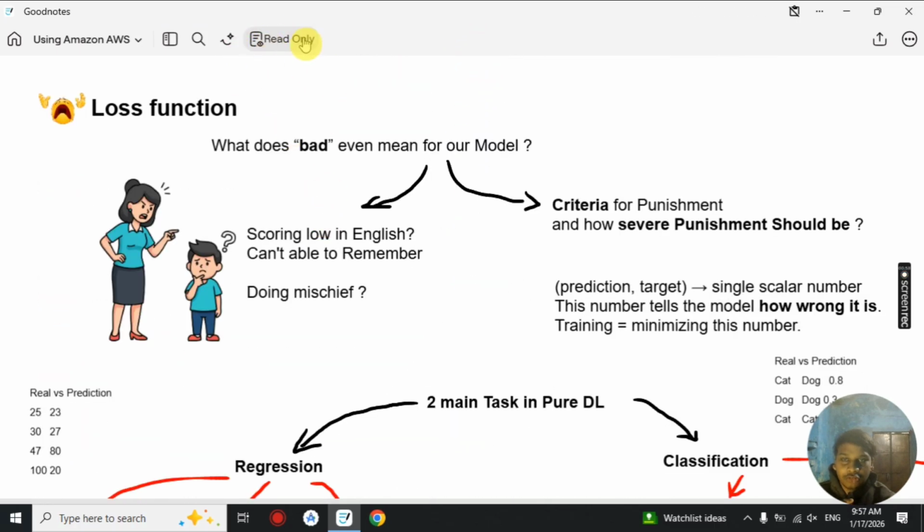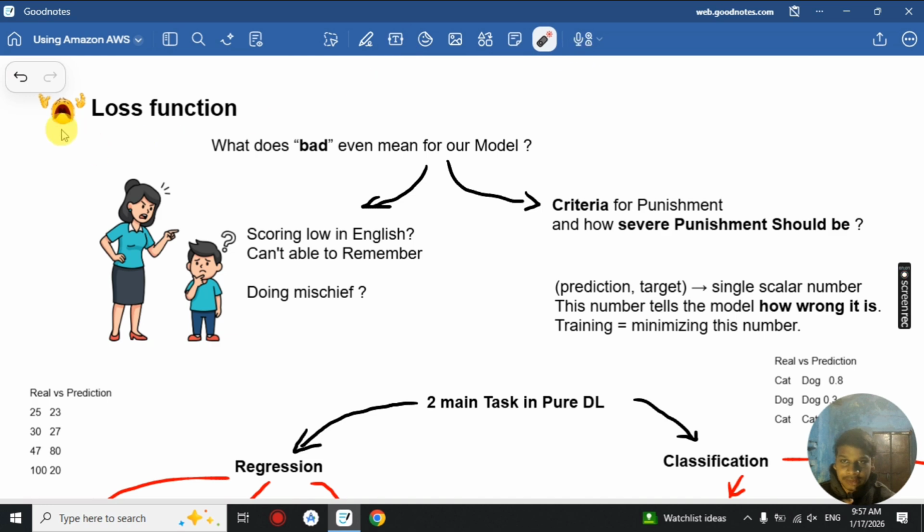Now comes our loss function part. As I already told, the loss function basically tells what "bad" even means for our model. Imagine a child going to school, and we are telling him what actually bad means.